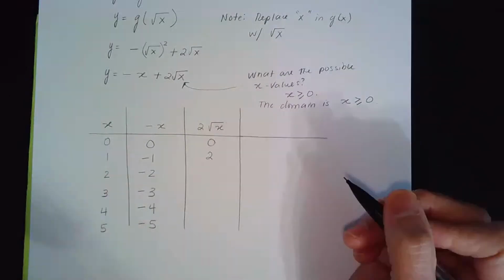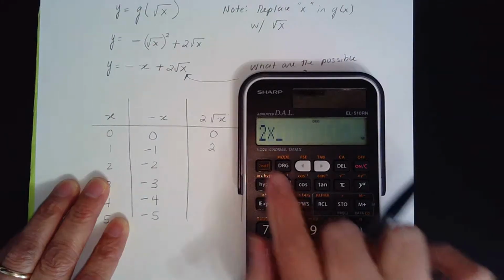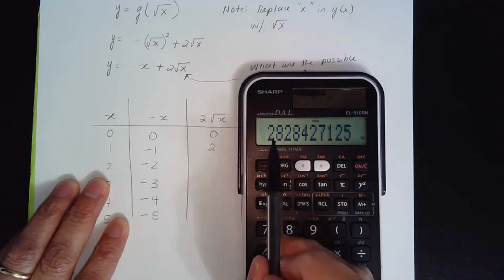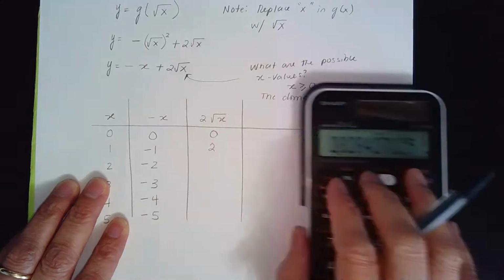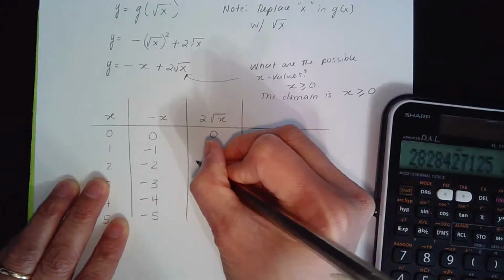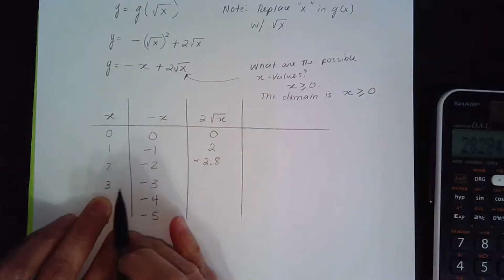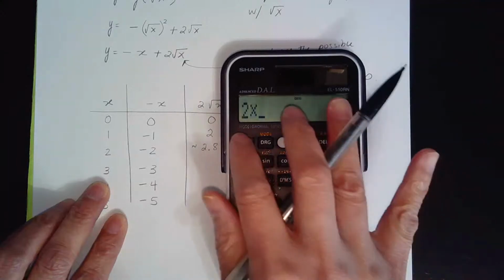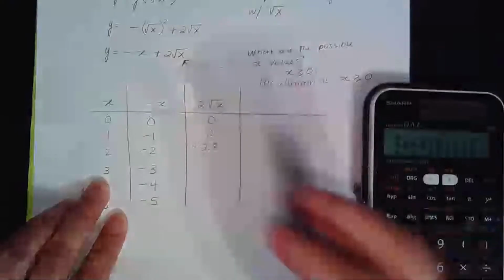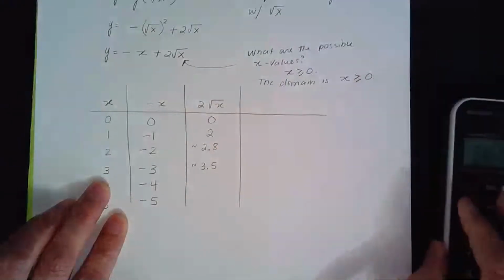If x is 2, 2 times the square root of 2 is approximately 2.8. And for 3, 2 times the square root of 3 is approximately 3.5.